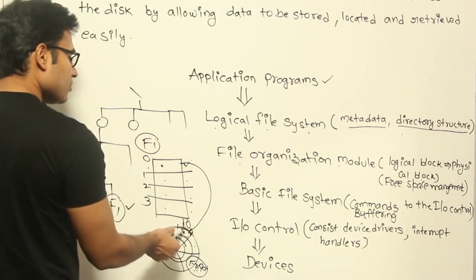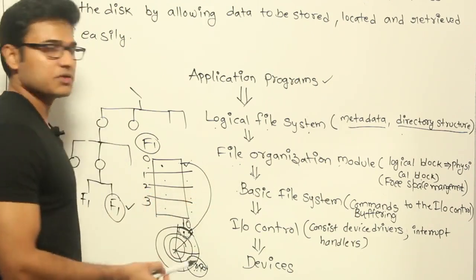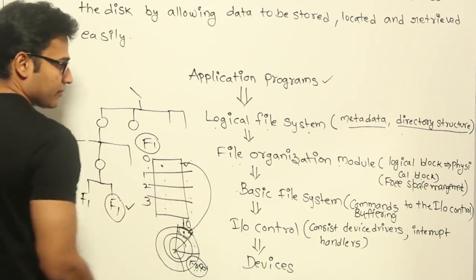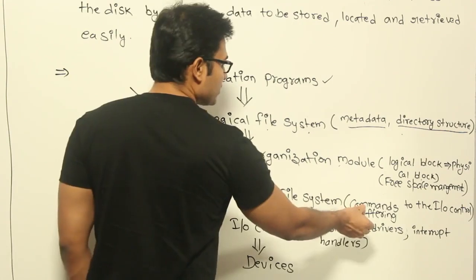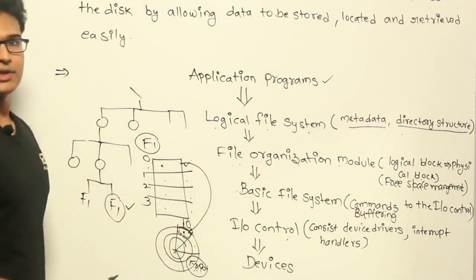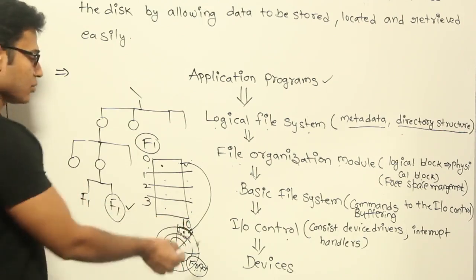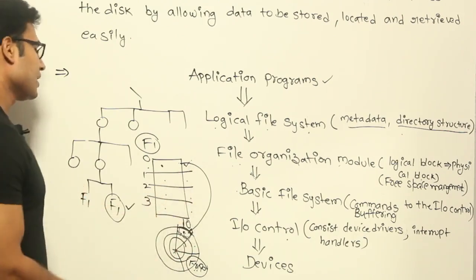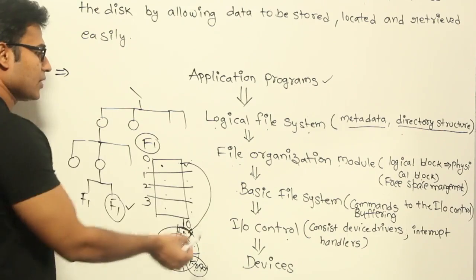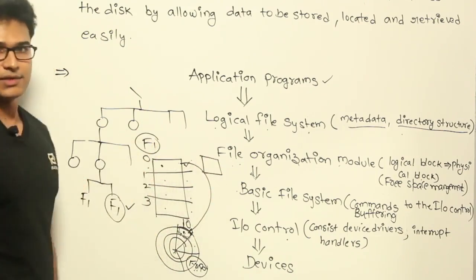Now once you have decided what memory blocks, or the hard disk physical blocks, that you need, you pass this information to the basic file system. Now the basic file system is going to issue the commands to the IO control in order to fetch those blocks. Getting this? Now let us say this is the block you want from the hard disk. Now you are supposed to fetch this block from the hard disk, and when you fetch it, you are supposed to save it in the main memory for the CPU to access, right?